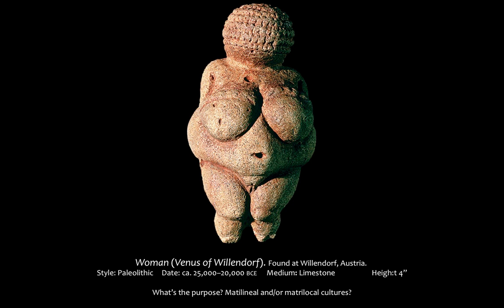So this dates back to about 25,000 to 20,000 BCE, also made out of limestone, the same material that the caves are made out of. Really small figurine here. This only measures about 4 inches. Interestingly enough, in this area where the Venus of Willendorf was found, there are lots of female figurines, lots of small statuettes such as this, which suggests that this is a culture that is either matrilineal or matrilocal.